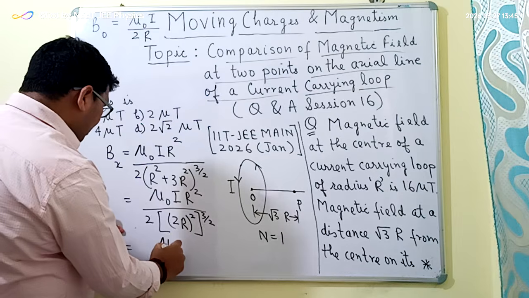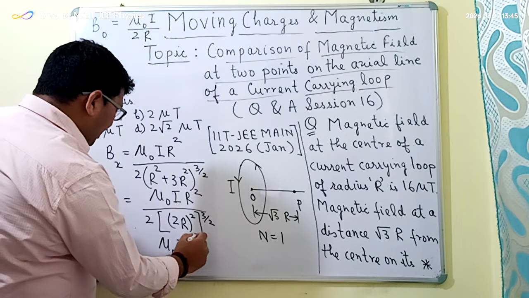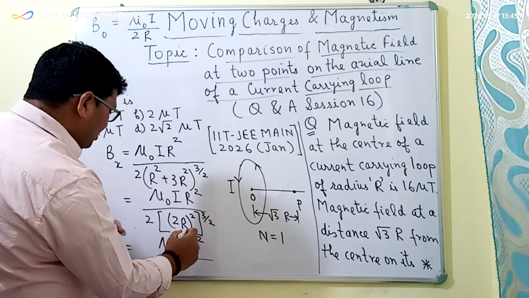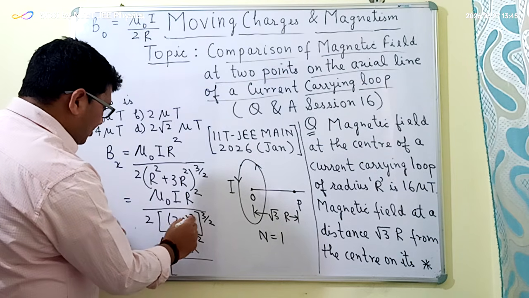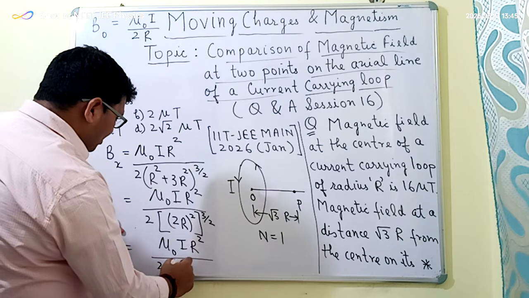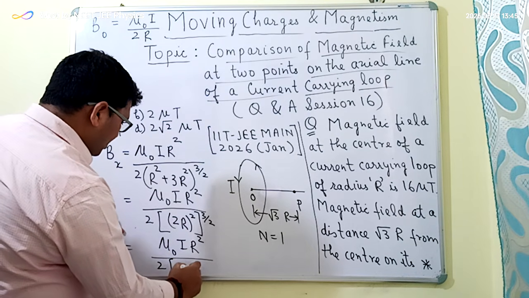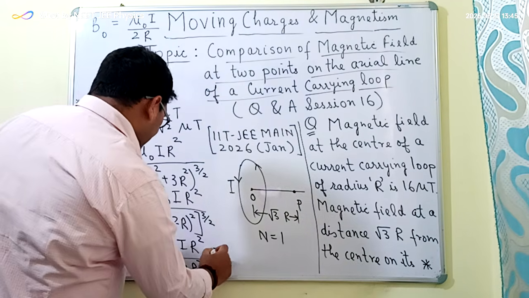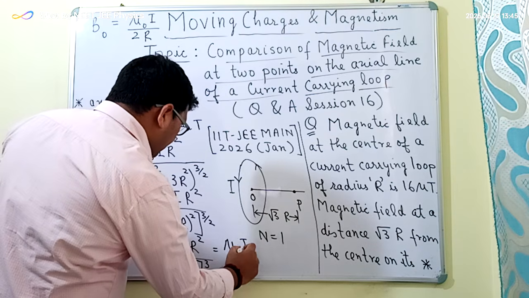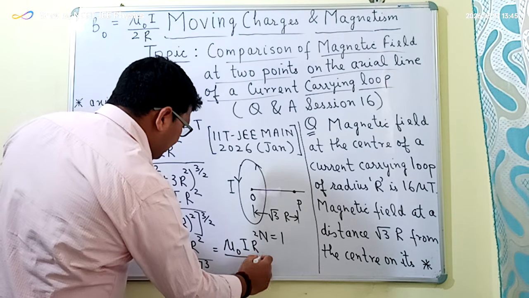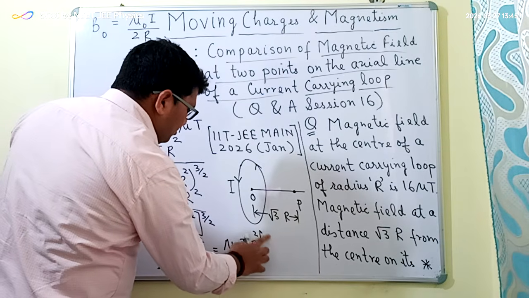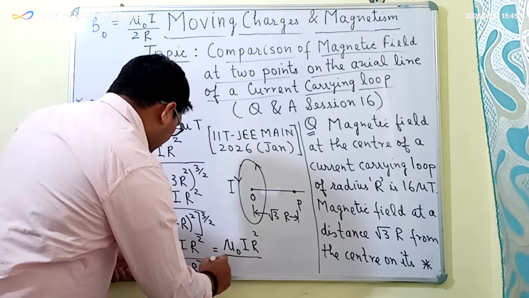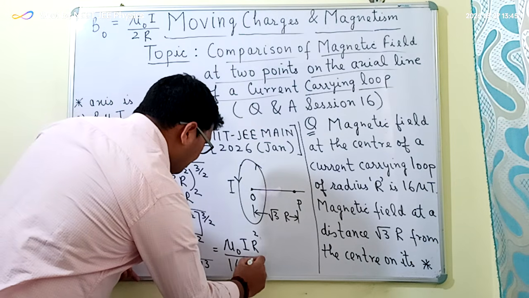So finally I get mu naught I r square divided by 2 into 2 r to the power 3, which is mu naught I r square divided by 16 r cube.